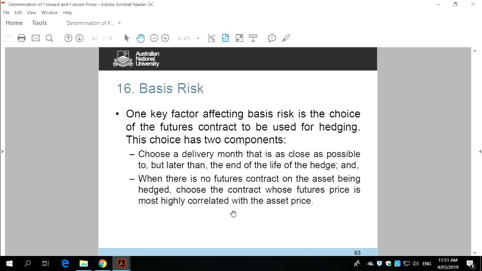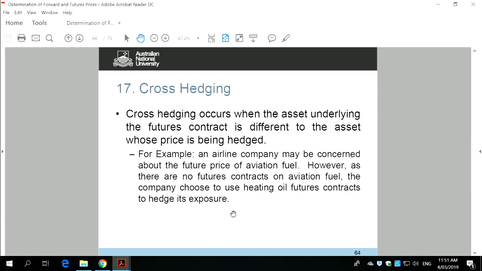So another way you can have basis risk is when, for the underlying asset you wish to hedge, there's no such futures contract available. A typical example is an airline company that would want to hedge its risk in aviation fuel. But the aviation fuel futures contract is thinly traded. There's no liquidity in it, and in a lot of exchanges, there's no such thing as an aviation fuel futures contract.